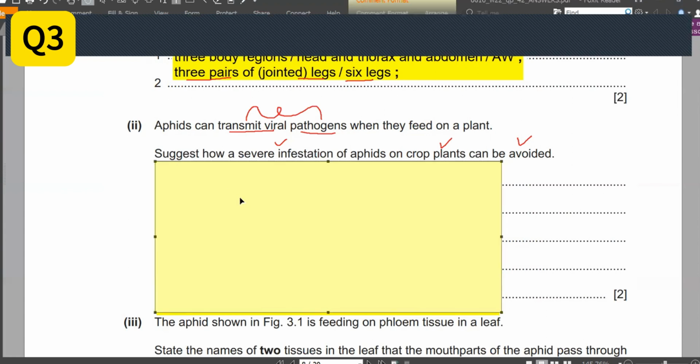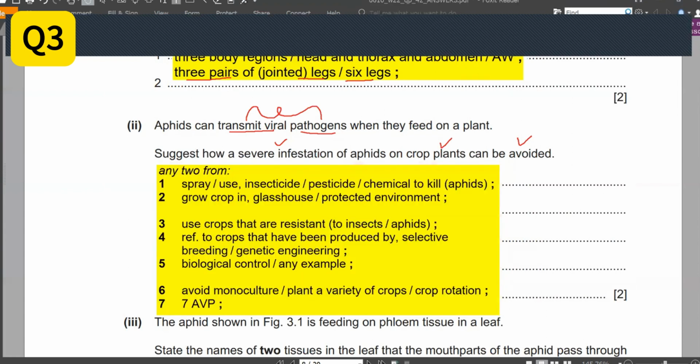We can take a look. 2-point question, so any two will be acceptable. So main method, fast and effective, will be spraying insecticide or chemical to kill the aphids. Secondly, we can grow the crops in a glass house or protected environment, so the aphids cannot get in there as a protection.